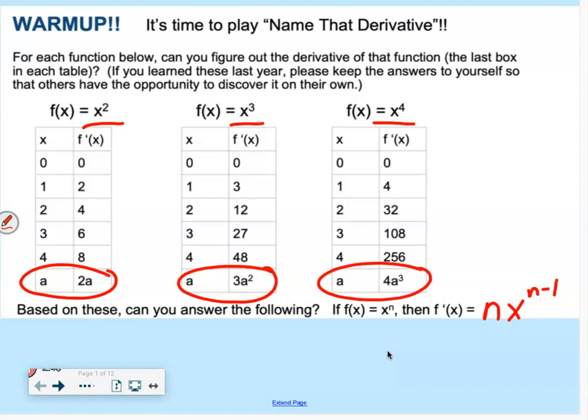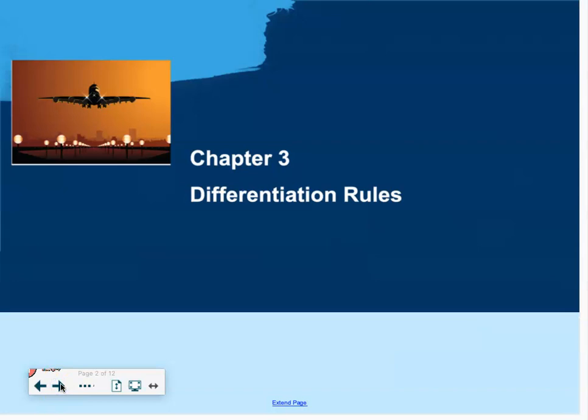Well done. So that has a name. But before I tell you the name, I have to put you in suspense because I got to give you the intro slides for the chapter. So this is chapter 3. Chapter 3 is all about differentiation rules. These are shortcuts. Most of this chapter, but not all because there's a lot of application, but most of this chapter is learning how to find derivatives using shortcuts so that we don't have to do the limit definition every time.